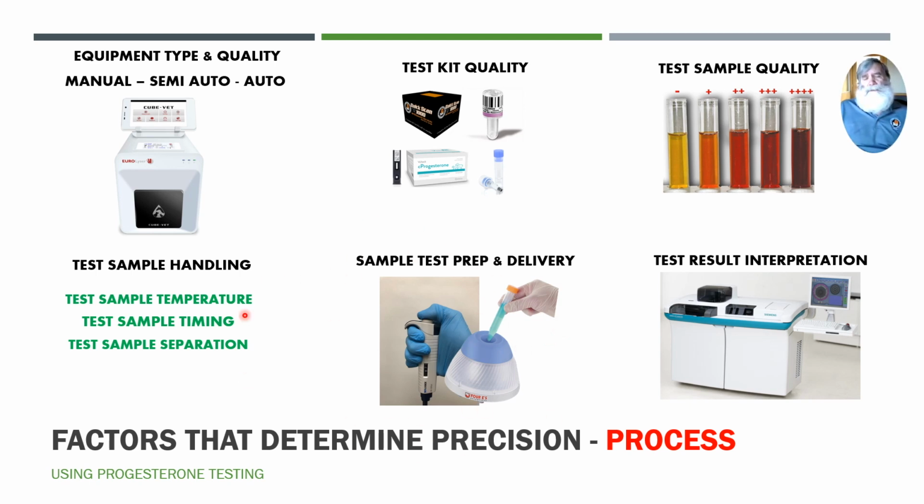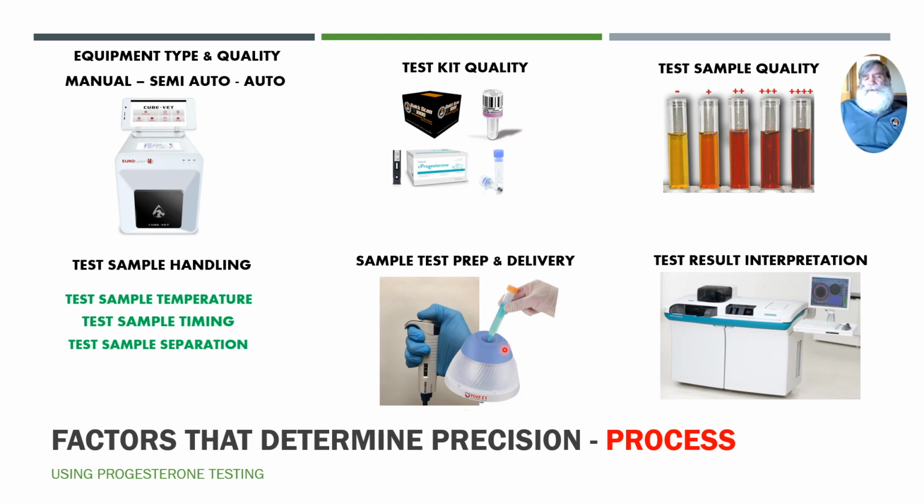The biggest situation that causes precision problems is incorrect pipetting, using the pipette with the wrong levels, the wrong setting on it. So if you need to pipette at 75 microliters and you set it for 50, you're going to have a problem with your numbers. And then mixing your sample.